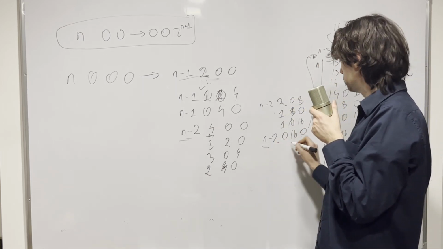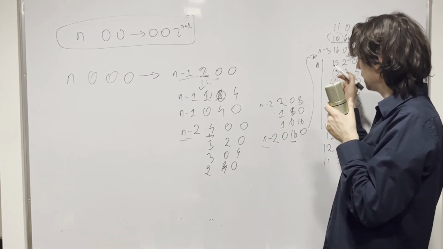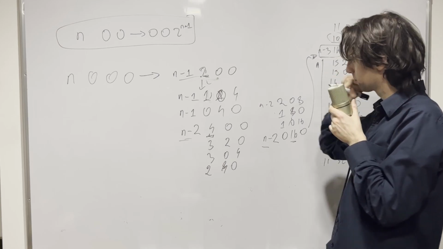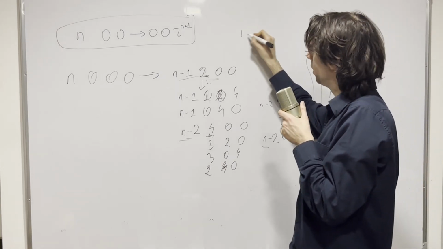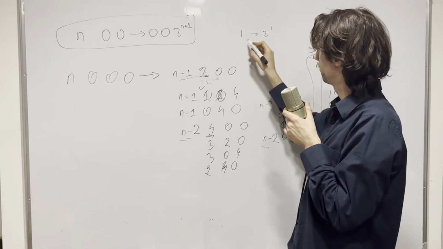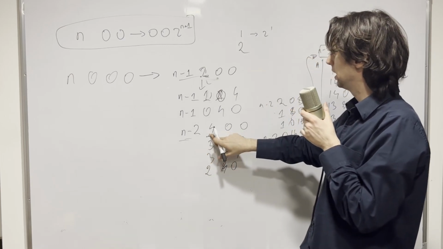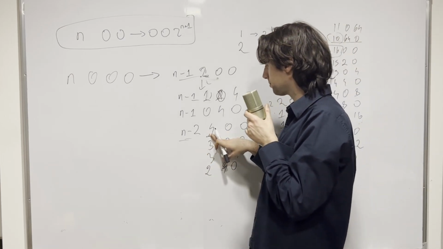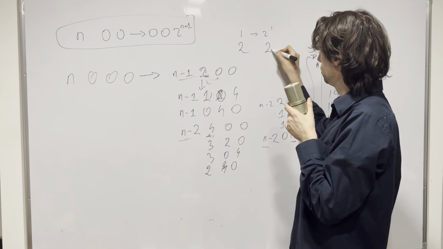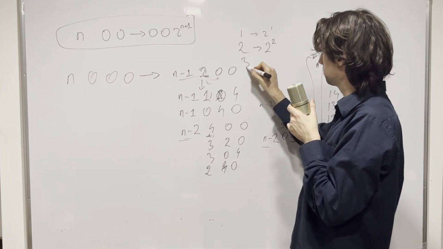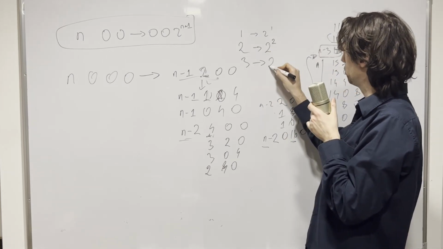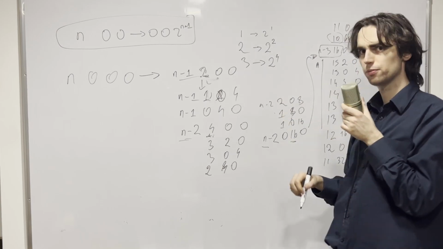And we get to n minus 3 and 16. So we got a 2 to the first, a 2 squared, and a 2 to the power of 4, right?